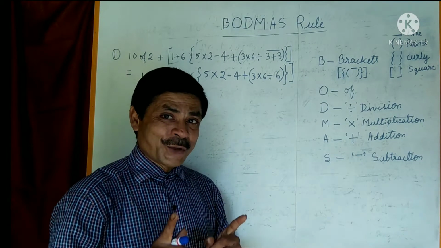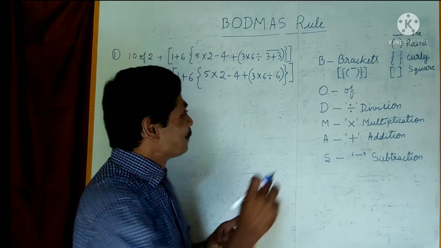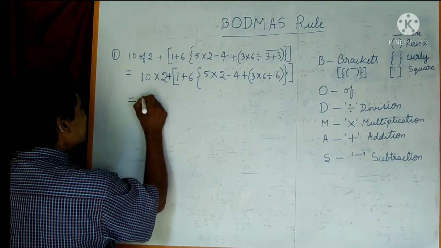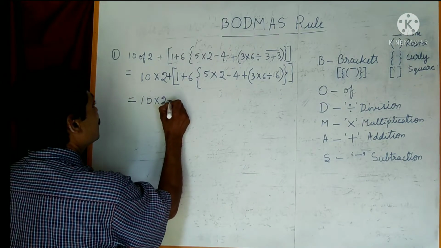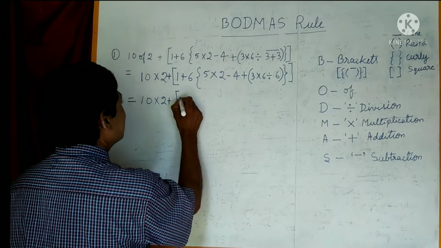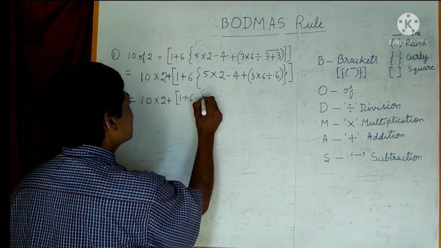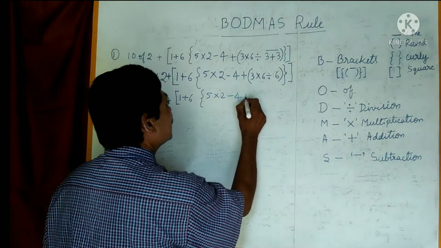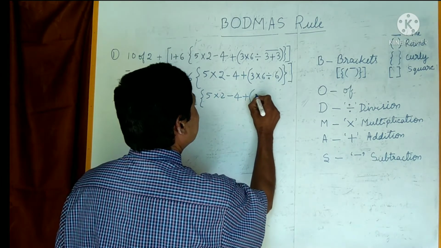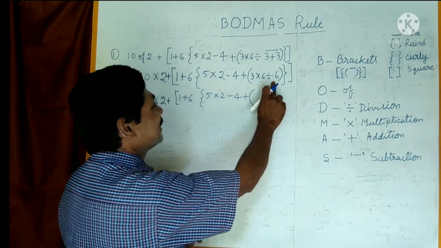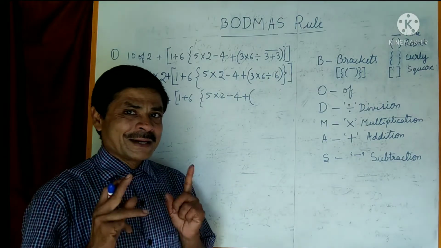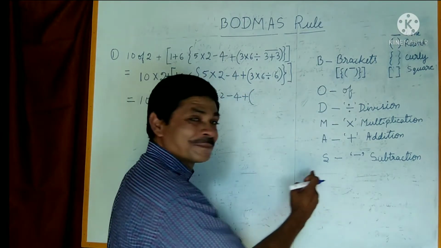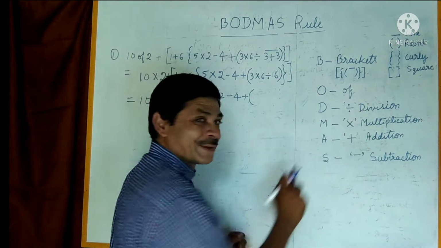Next, we have to solve the round bracket. Okay? Now we will write as it is: 10 into 2 plus 1 plus 6, 5 into 2 minus 4 plus. Now here is the round bracket. In the round bracket, which operation do we have to perform first? In a series we have to perform the division operation first.